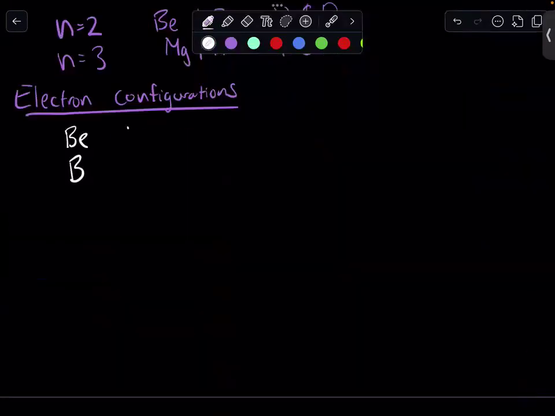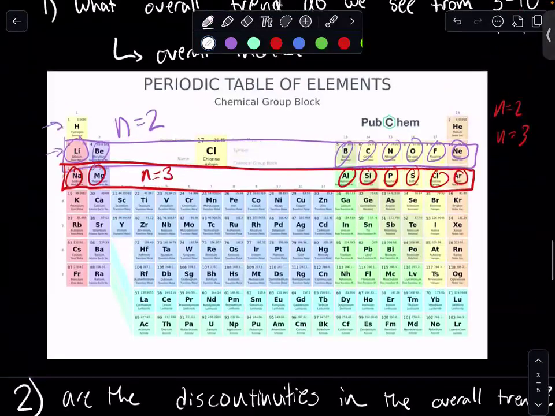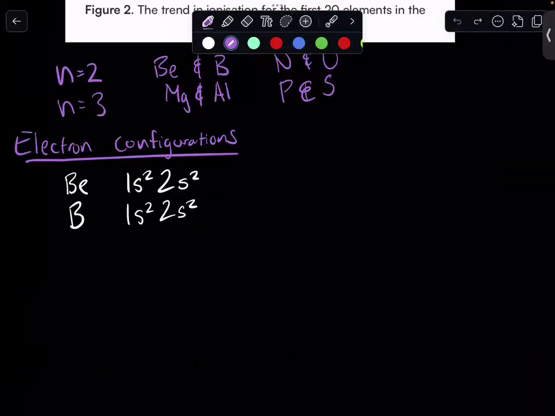So beryllium is 1s2, 2s2. Boron starts the same way, 1s2, 2s2, but you'll notice it moves over into our p block, and we have 2p1. So you need to make sure you understand our previous lesson on electron configurations to understand this, but here are our electron configurations.